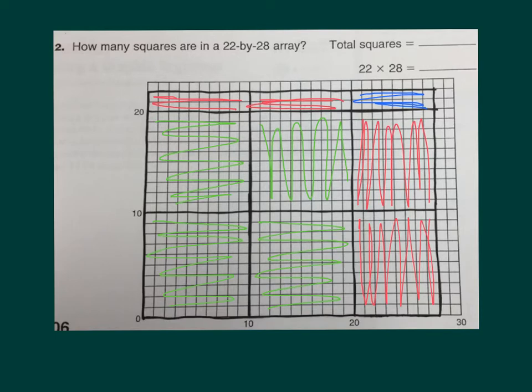I'm going to tally up those boxes again. So I know that groups of green represent groups of 100. I have 4 groups of 100. I know that red represents groups of 10. Up here I have 2 groups of 10, so that's 20. On the side here, when I look at the bottom, it shows 8. So I have 8 groups of 10, or 80.